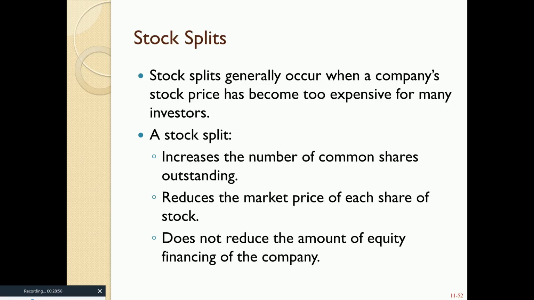And we're going to cut in half the par value. So let's take an example. If we had 1,000 shares outstanding and the par value was $8 per share, and now we went through a 2-for-1 stock split, instead of 1,000 shares outstanding, we have 2,000 shares outstanding. But the par value goes from $8 to $4.